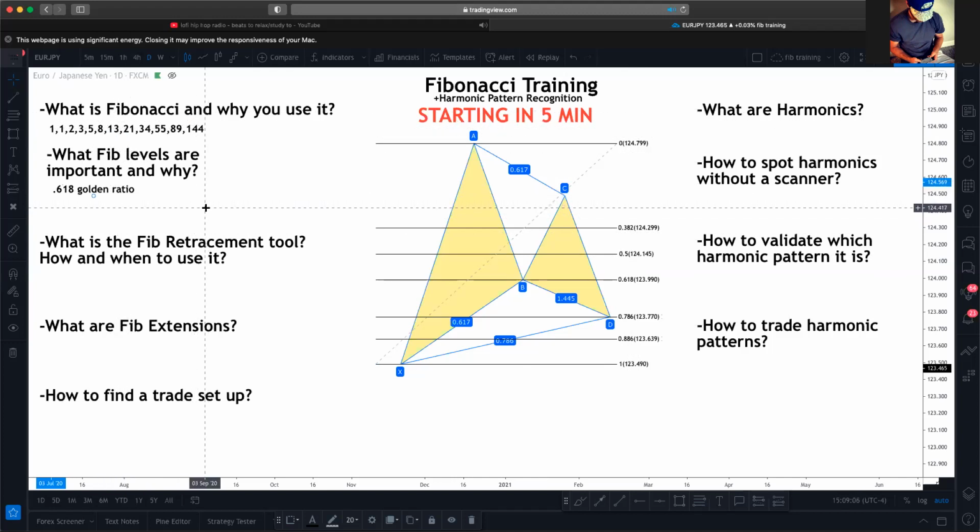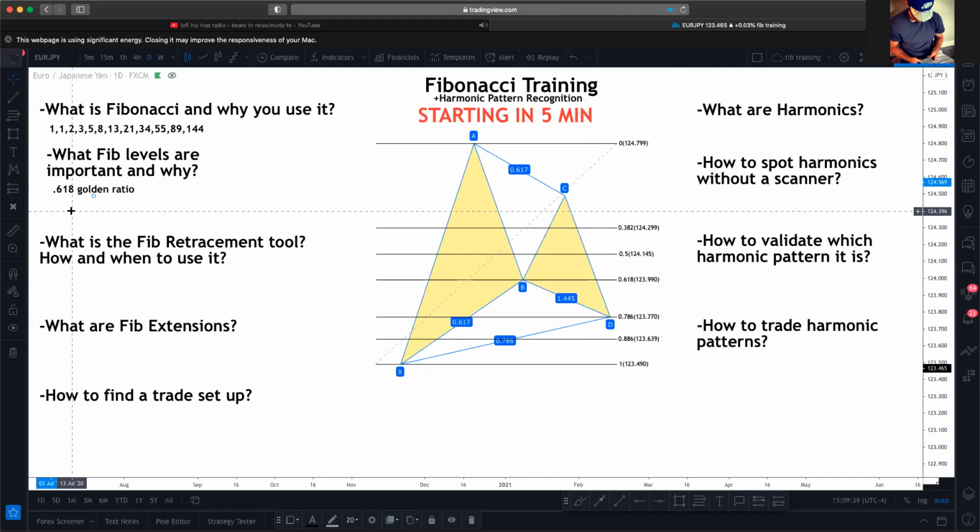The 78.6 is the square root of the 61.8. The 88.6 is the square root of the 78.6. So all these numbers mean something more than just percent pullbacks. And the 1.618 is the 61.8 divided by the 38.2, and that's why we use it as a target.